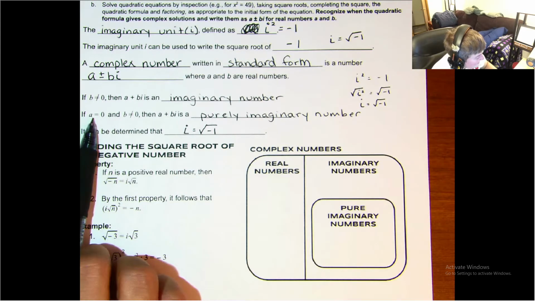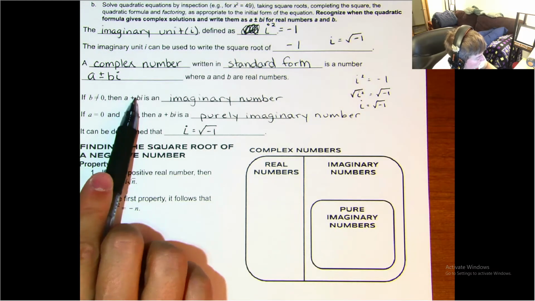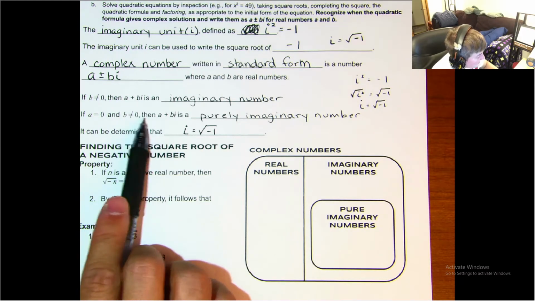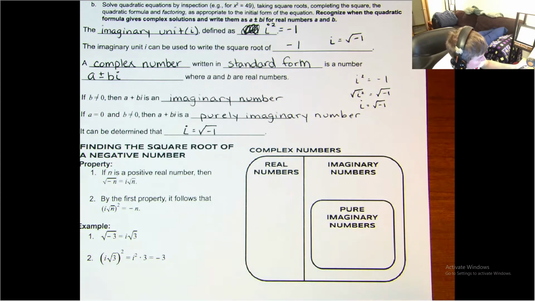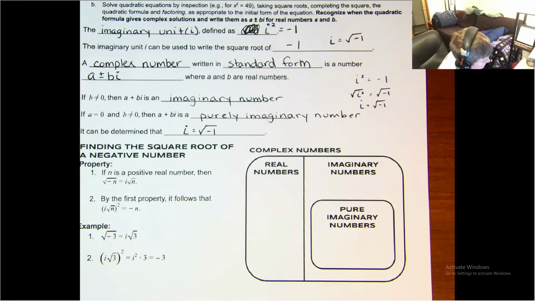If a is equal to 0, meaning it's just the form bi, and b doesn't equal 0, then it's a purely imaginary number. Again, i is equal to the square root of negative 1. This is the biggest thing that you're going to need to know.